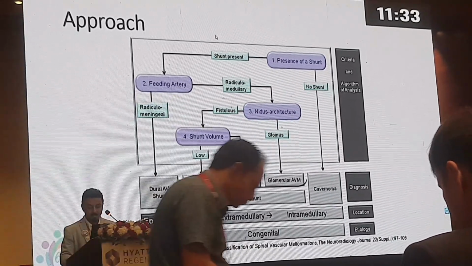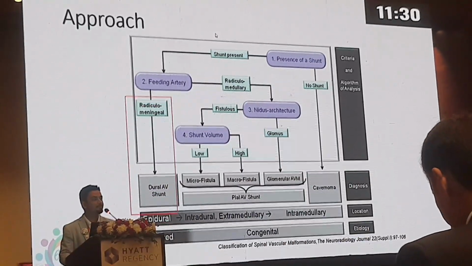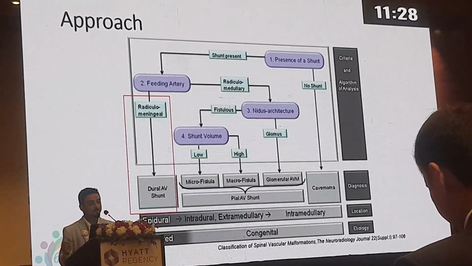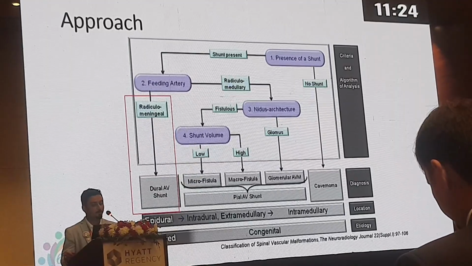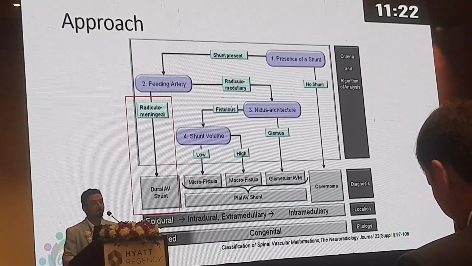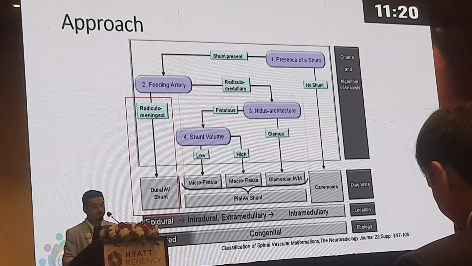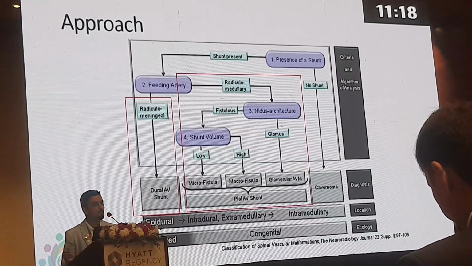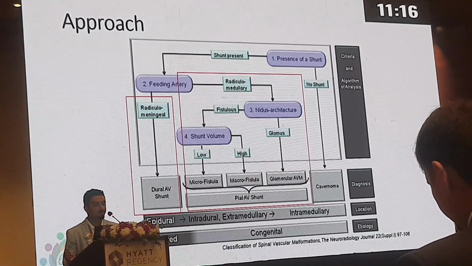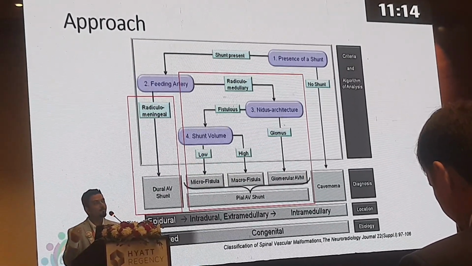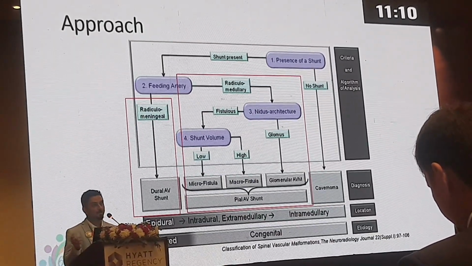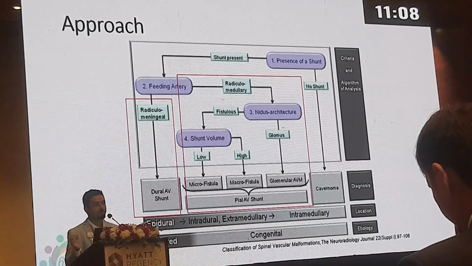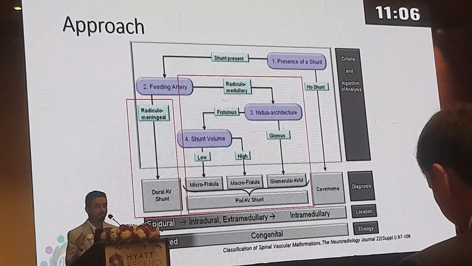If the feeding artery is a radiculomeningeal artery, then we suspect that this is a dural AV shunt, and the location is usually dural. Now if the feeding artery is a radiculomedullary artery, or say a radiculopial artery, we go for the nidus architecture. In nidus architecture, like I said, either it is a fistula or it is a glomus.